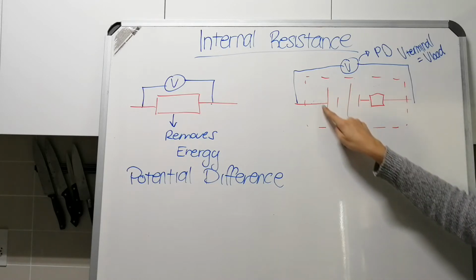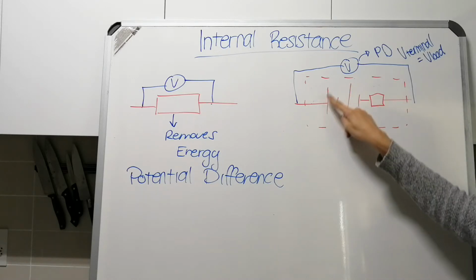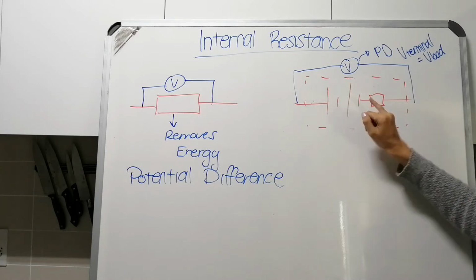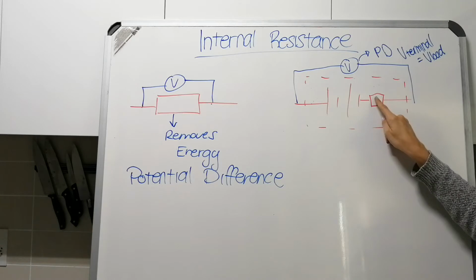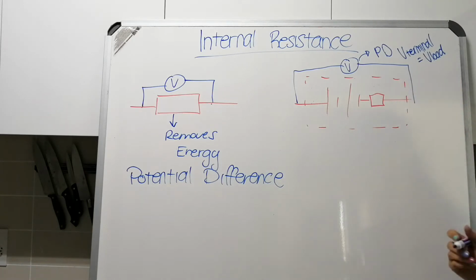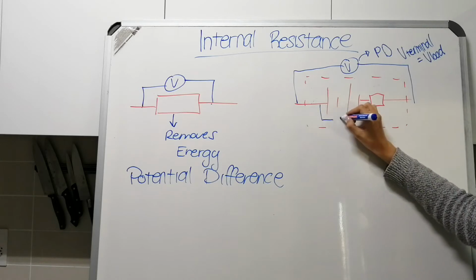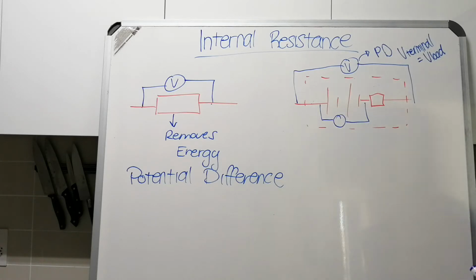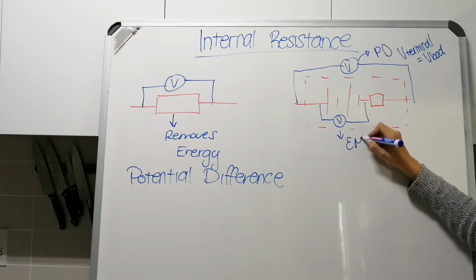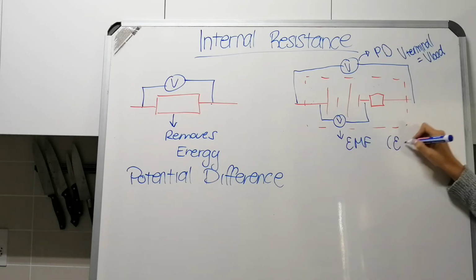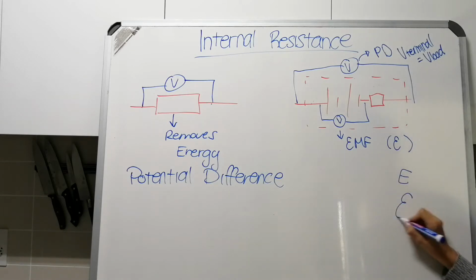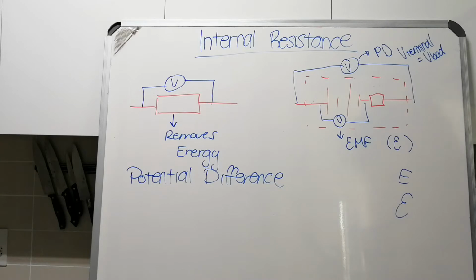But if we look just at the energy producing cell, if we somehow try and ignore this tiny little resistor that's part of the battery, here, if we could, we can't, but if we could put a voltmeter just across that, this would be measuring something called EMF, okay, and the symbol is not a capital E, it's like a backwards 3 looking thing, okay.